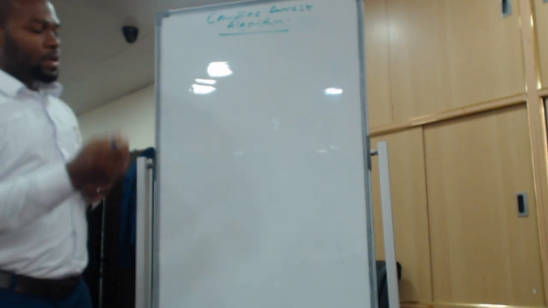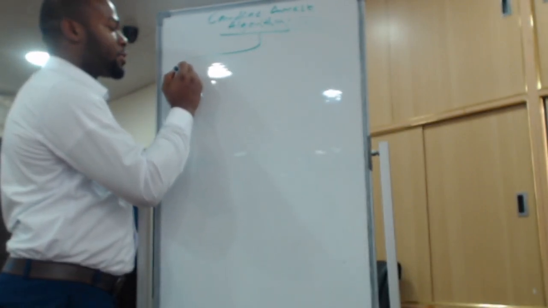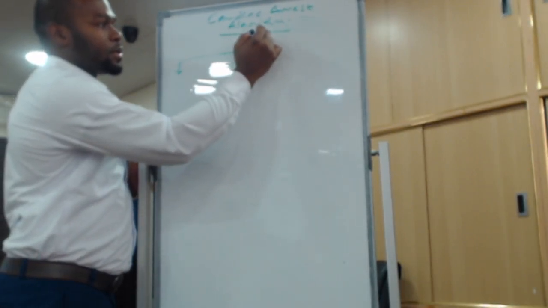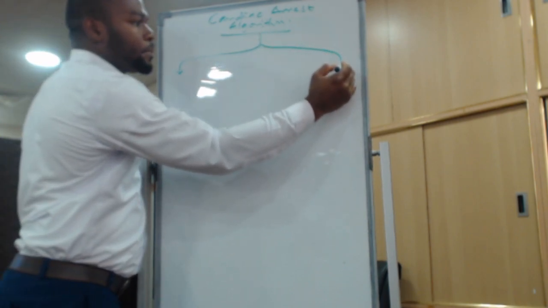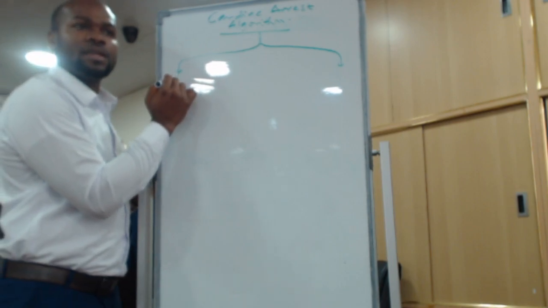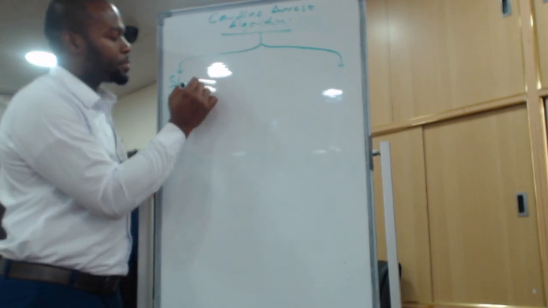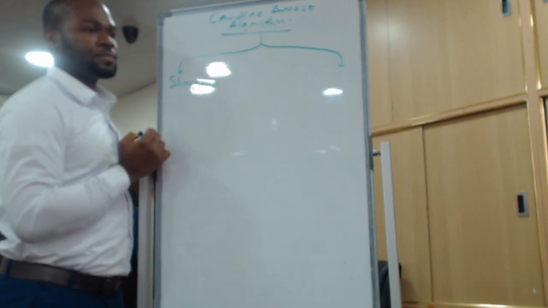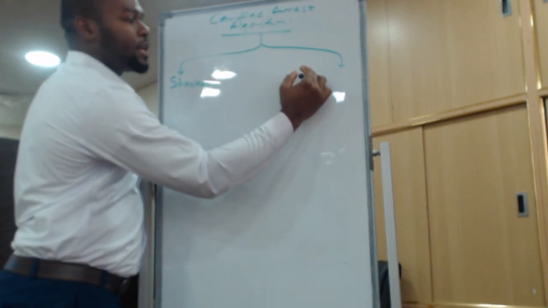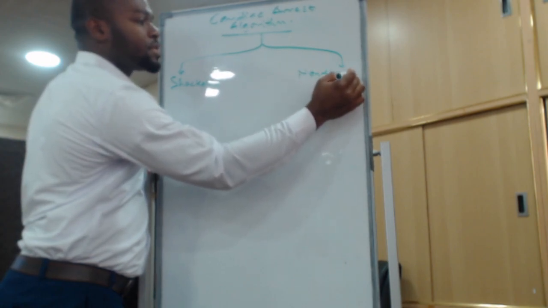Okay. Now for the cardiac arrest, we have two pathways. Can you see this? The first is for the shockable rhythm, and we have the one for the non-shockable rhythms.